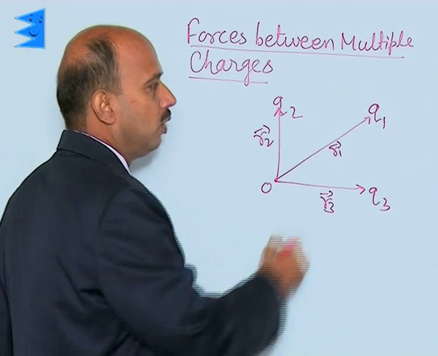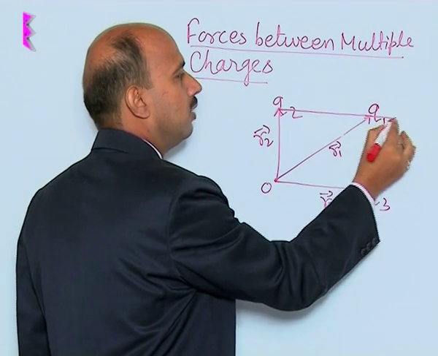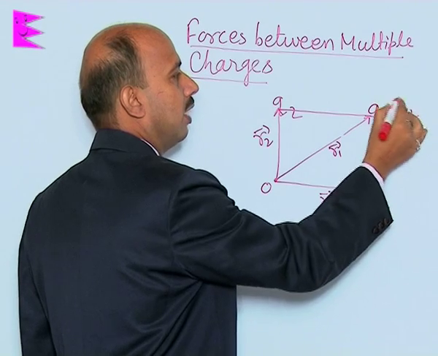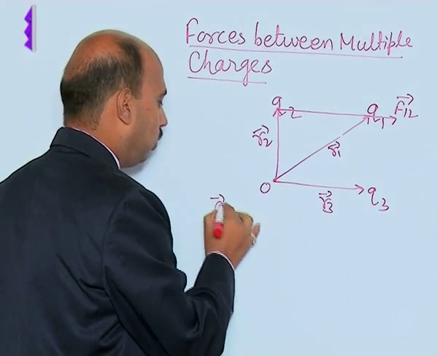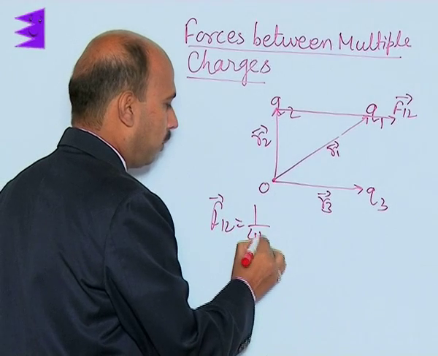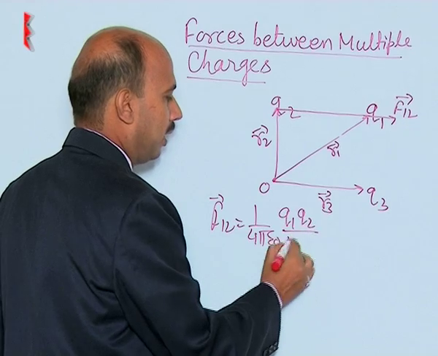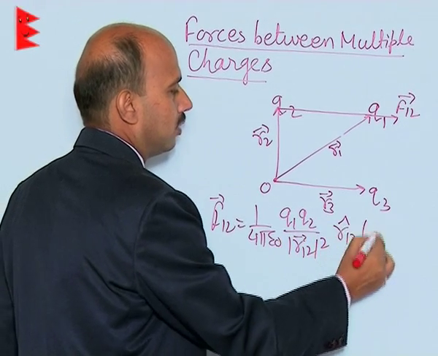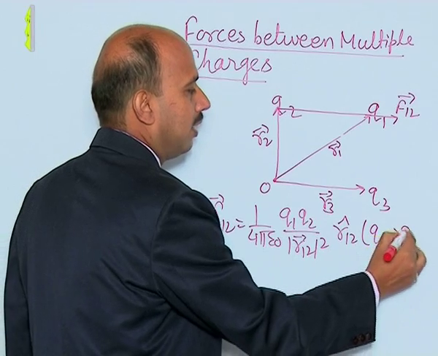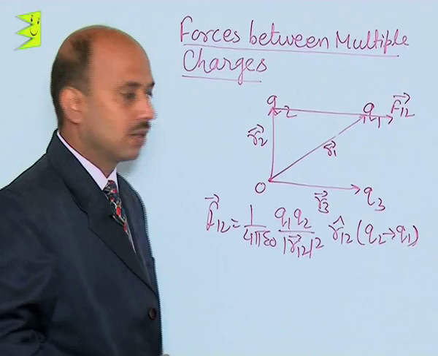Now if you want to calculate force on q1 due to q2, the direction will be F12. We can write F12 is equal to 1 upon 4 pi epsilon naught q1 q2 divided by r12 square, r12 unit vector. r12 means direction is from q2 to q1.